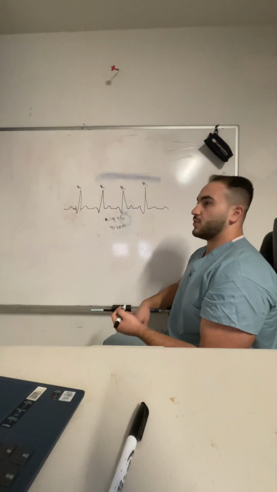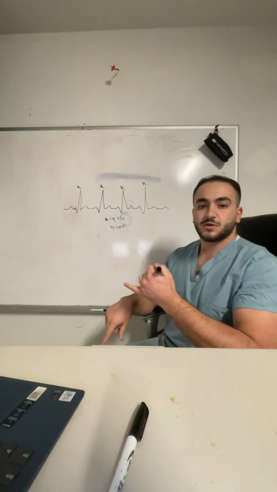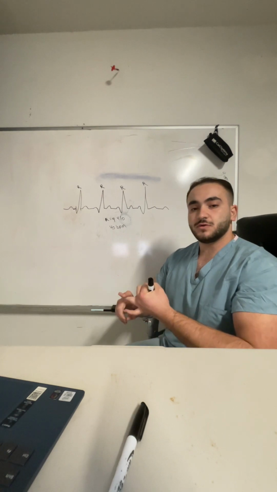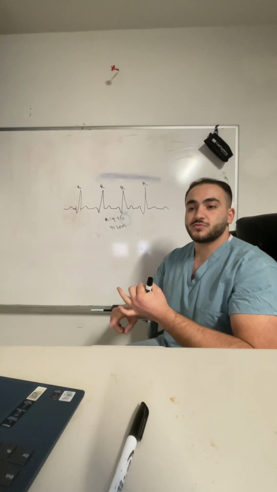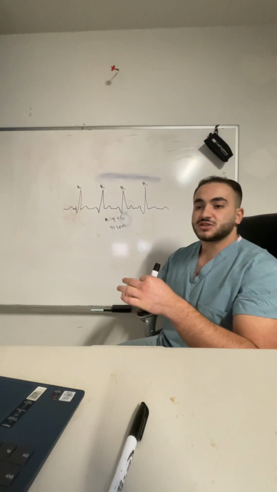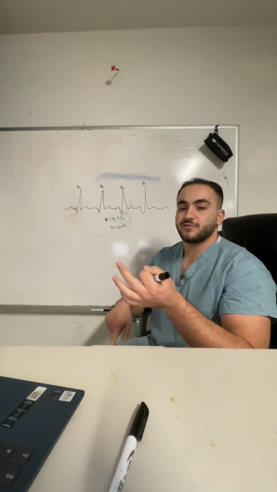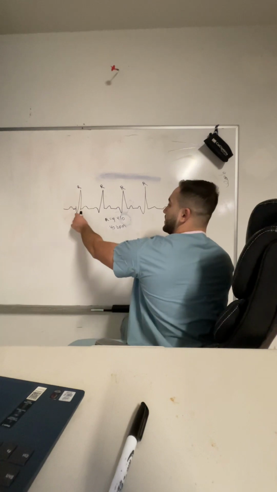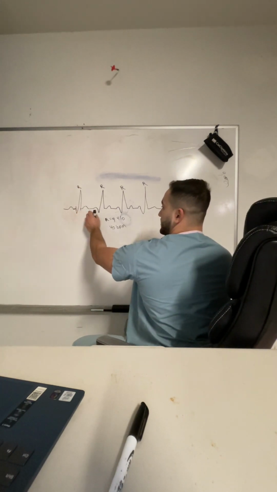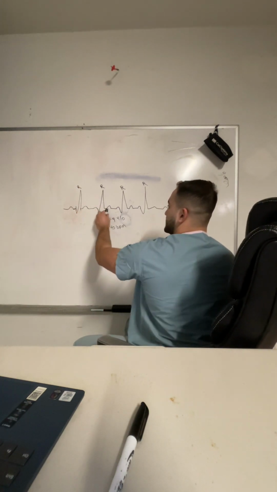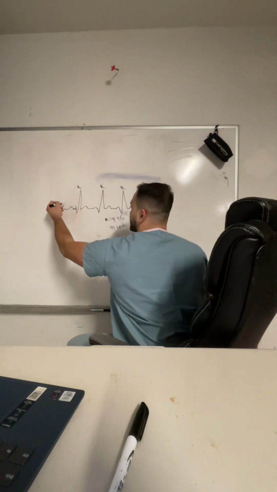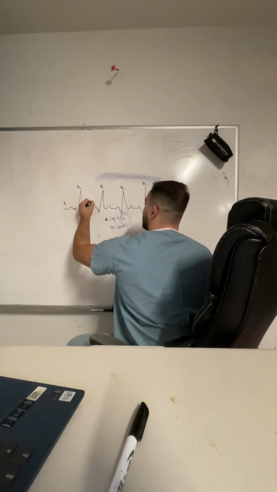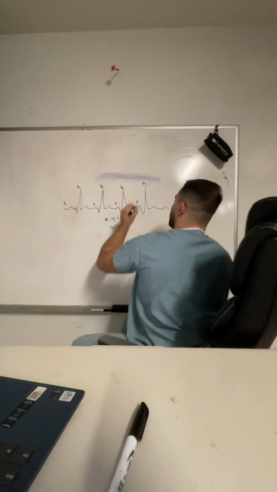So question 1, what's our BPM? Question 2, is it a regular or irregular rhythm? Now question 3, is there a P wave? On something like this, we can see P, Q, R, S, T, P, Q, R, S, T, P. There's a definitive P wave, P wave, P wave, P wave, right?